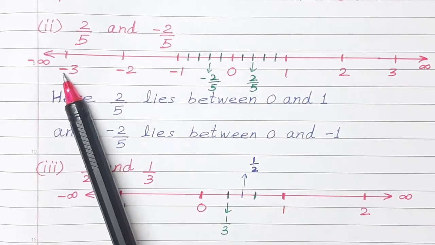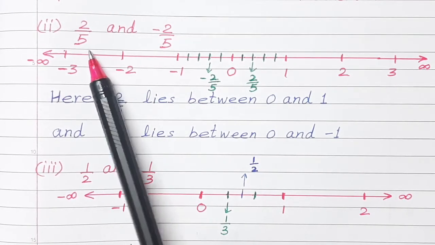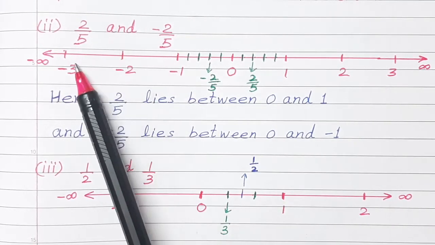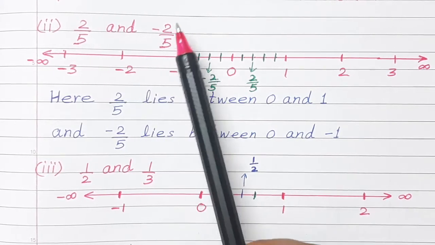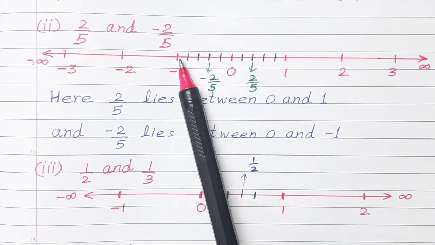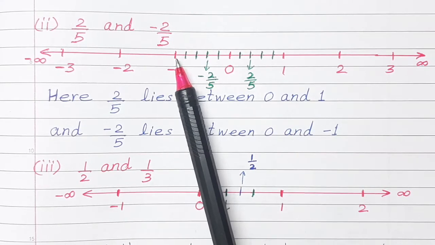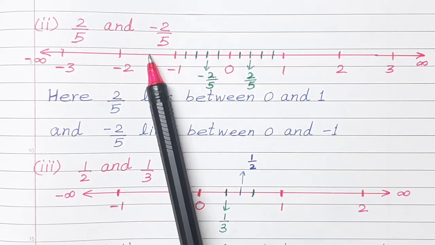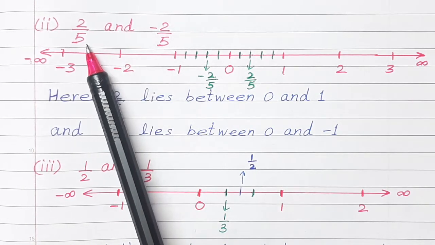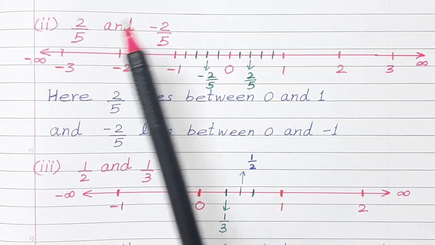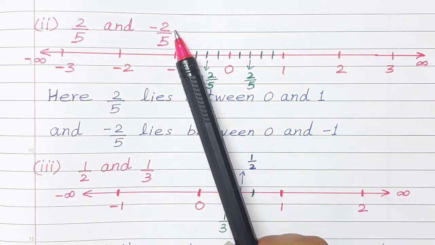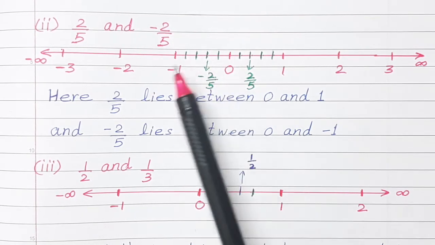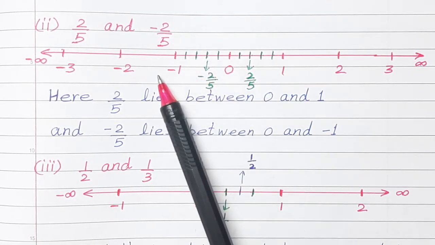Now children, let us discuss the next part, that is 2 upon 5 and minus 2 upon 5. Here children, you can see that these are proper fractions. So 2 upon 5 will lie between 0 to 1. Similarly, minus 2 upon 5 will lie between 0 to minus 1. Right?